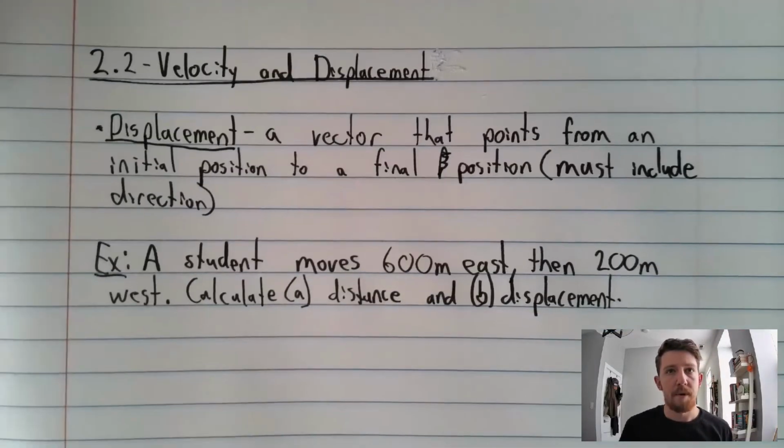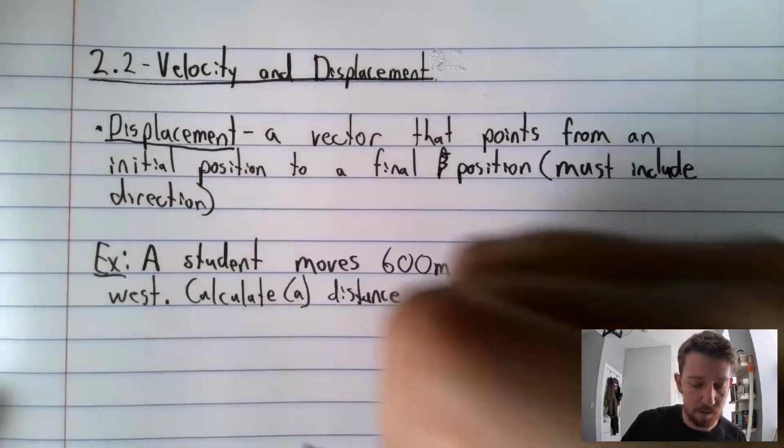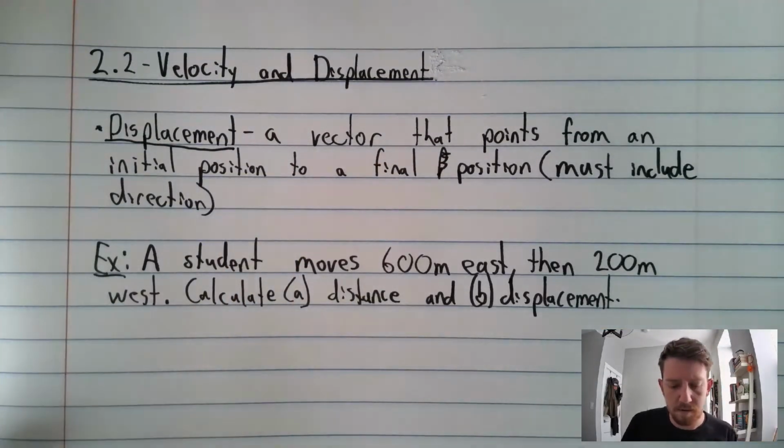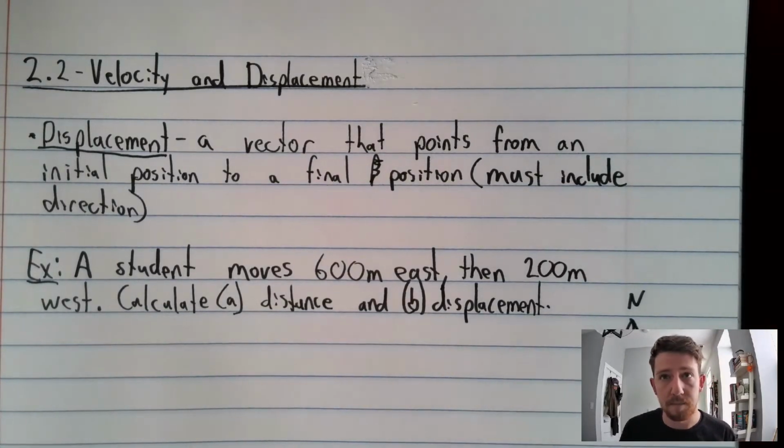Now remember, distance is the total amount of ground covered by something. So the student goes 600 east, 200 west, that's a total of 800. So right away, we can get our distance written down. I'm going to do a drawing real quick. So east is, here's a little compass, in case you weren't sure. Never eat sour watermelons, goes clockwise.